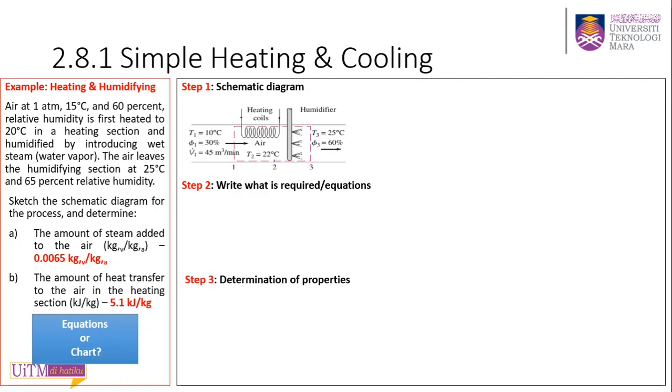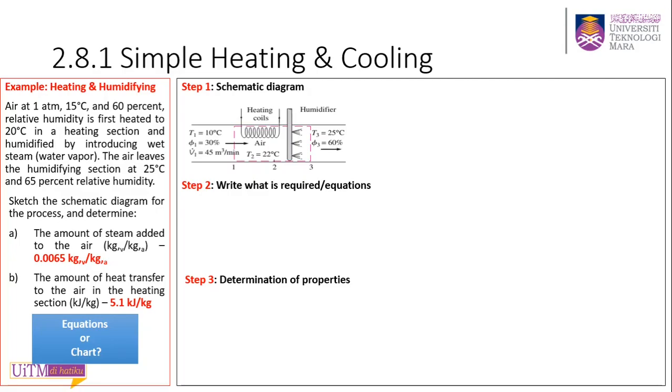For this question, since the pressure is at 1 atm, we can use the psychometric chart to find the properties of air. We can also use the equations, however, it will take longer to solve the question.